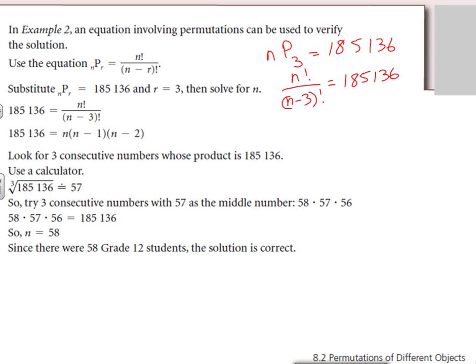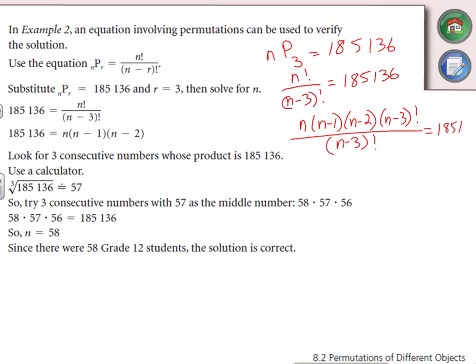Which one's the larger? Oh, n is bigger. That's the one I expand. And I expand it until I can cancel off those. I now have n times n minus 1 times n minus 2 equals 185,136.